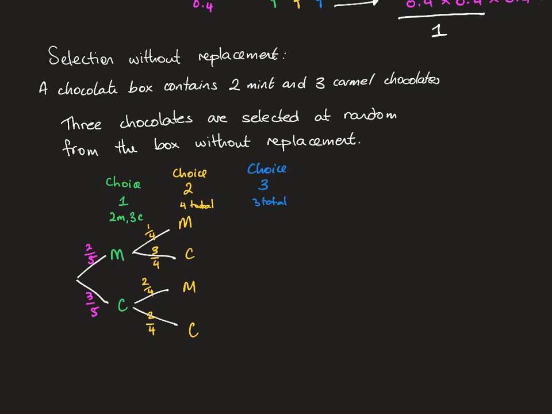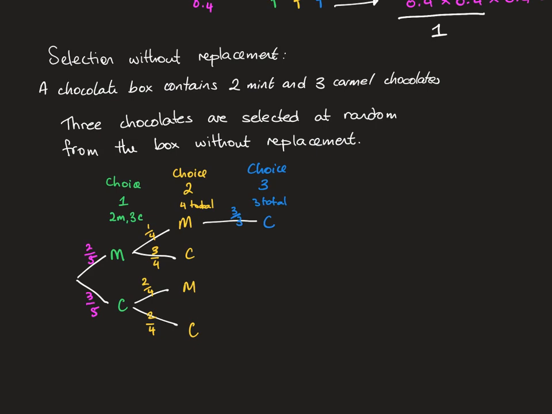So now we have to think about, if our first choice is a mint and our second choice is also a mint, then the only thing that's left in the box is a caramel. And so the probability from 3 caramels of choosing a caramel is 3 out of 3, or 1.